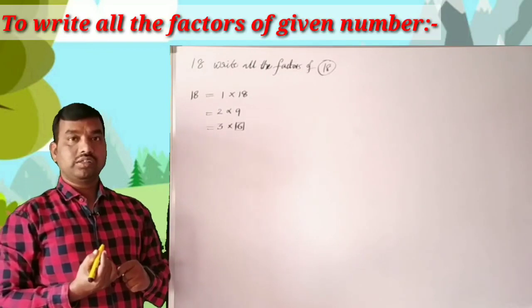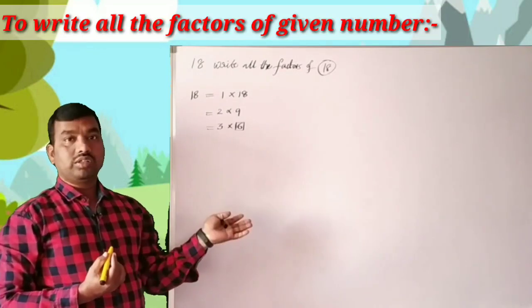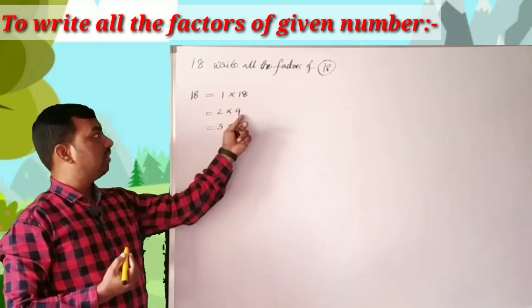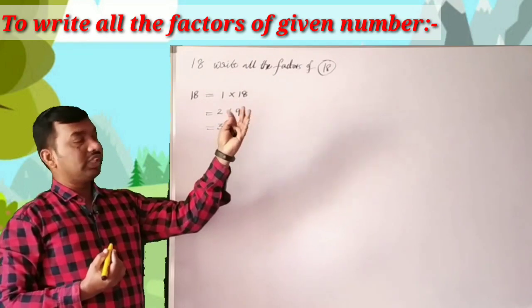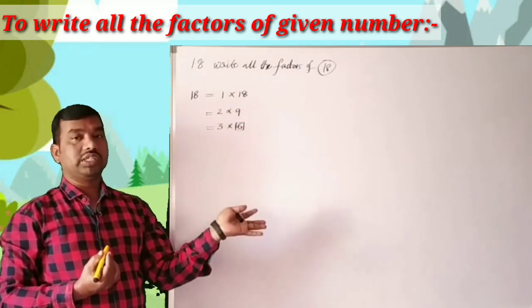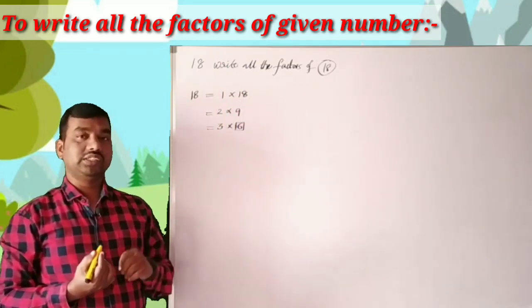After 6, 7 you can't get, 8 you can't get, and 9. After 9, 10, 11, 12, 13, 14, 15, 16, 17 you can't get. And in the 18 table we can get 18 ones are 18.